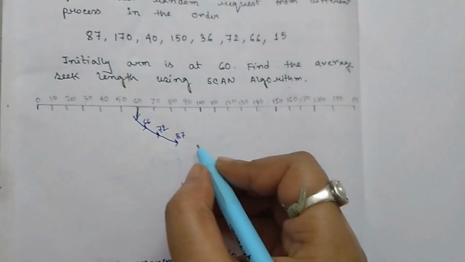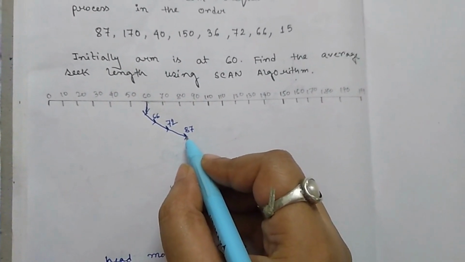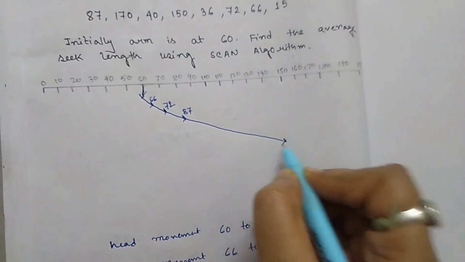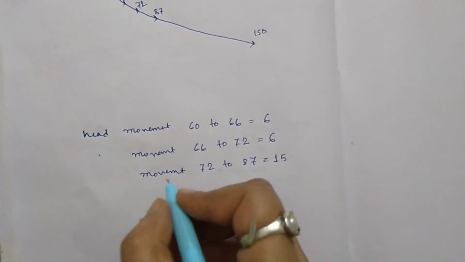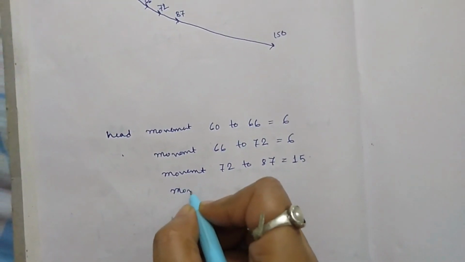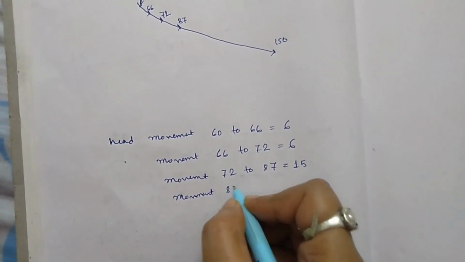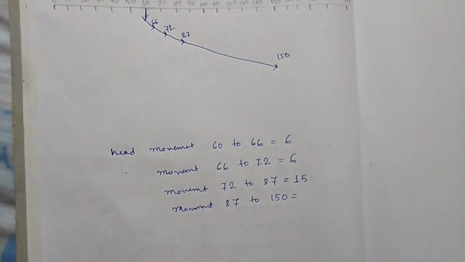The next nearest value of 87 is 150. So again we calculate the head movement, 87 to 150.